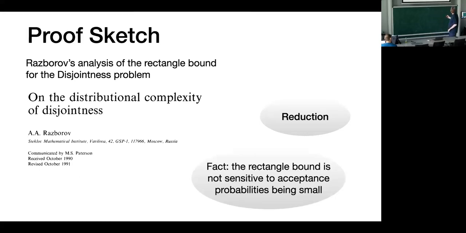And the thing is that the rectangle bound is not sensitive to acceptance probabilities being very small. You can actually technically write it as a linear program, and the error is not some epsilon, but let's say 1 over n to the 3, and then you can still get this bound through and get the linear lower bound proof.